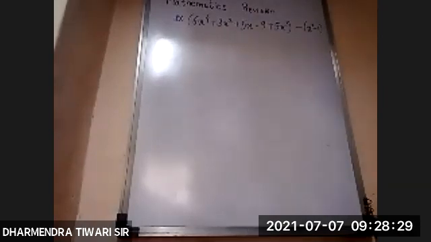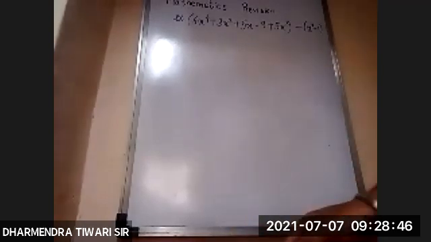So now our first observation: the terms in the polynomial are not properly arranged, in the sense that the index is not in descending order. So first of all, our duty is to arrange it in descending order.